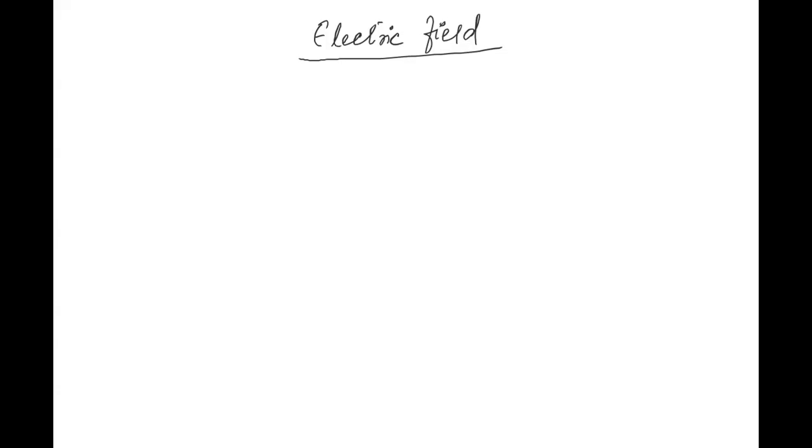What is electric field? Let us understand that. So you have already studied the Coulomb's law, means electrostatic force, and you know that whenever the charges are placed without any contact, मतलब these two charges are not in contact. देखो, one thing is that if the two bodies are in contact, ये एक body है और ये एक body है, in that case मैं ये कह सकता हूं कि this body, मान लो it is A and this body is B, A will exert force on B and B will exert force on A. So this is called as contact force because this force is acting due to the contact between A and B, right?